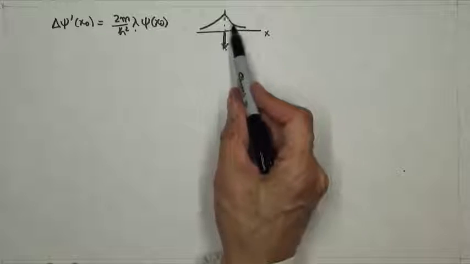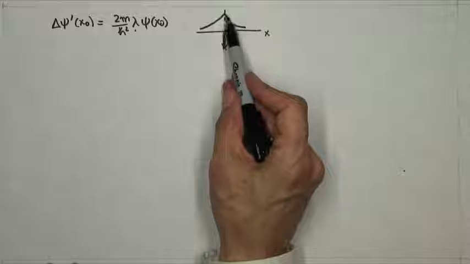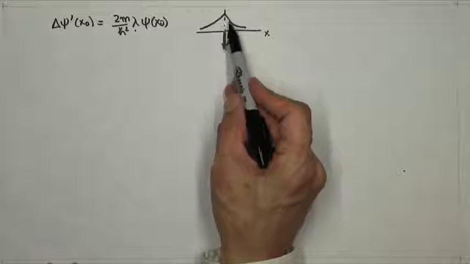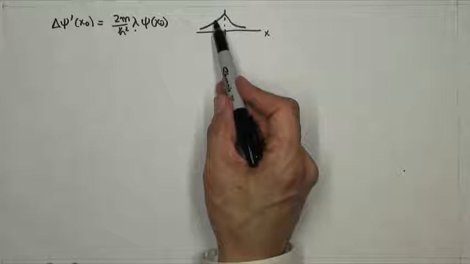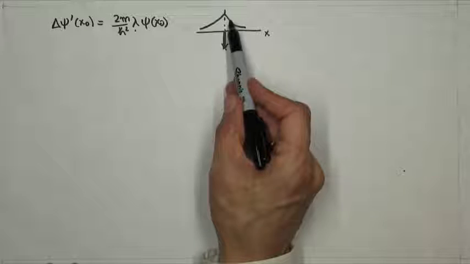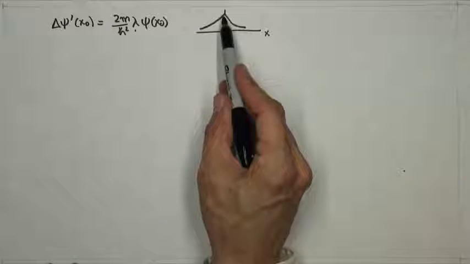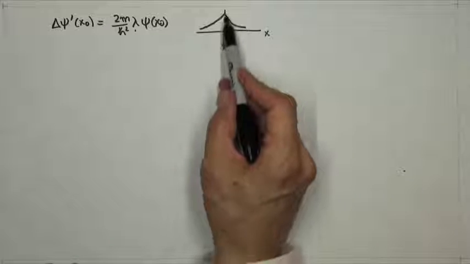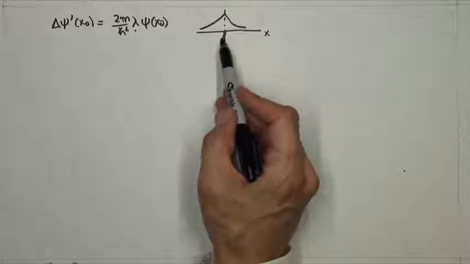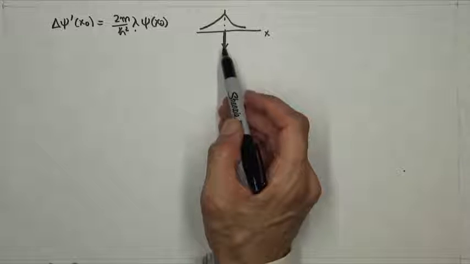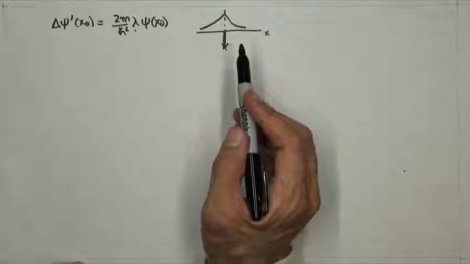Indeed, the slope after the singularity here is negative, to the right of x equals 0. And here to the left of x equals 0 it is positive. So negative minus a positive is more negative, and indeed, this is the kind of discontinuity you would expect for an attractive delta function.